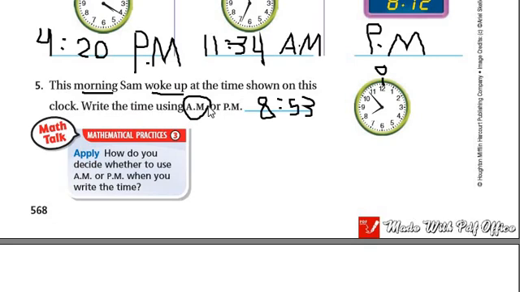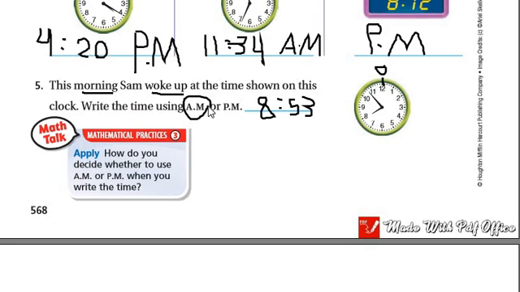So, how do you decide whether to use AM or PM when you write the time? Can you discuss this with your family and let me know what you already said to them?